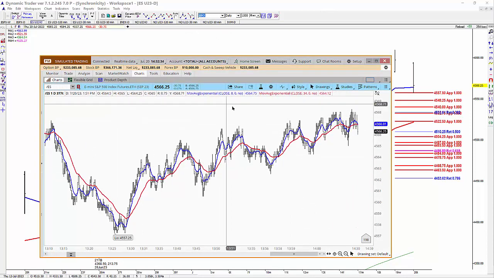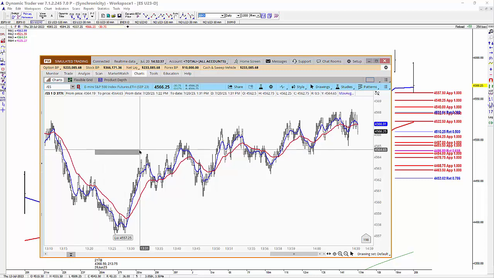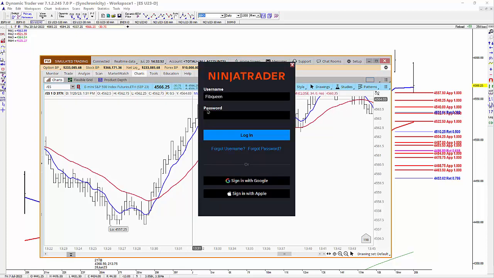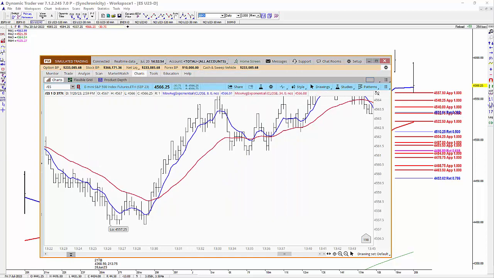This is Thinkorswim. The 377 tick chart is Thinkorswim. There are also some really neat charts on Ninja Trader.